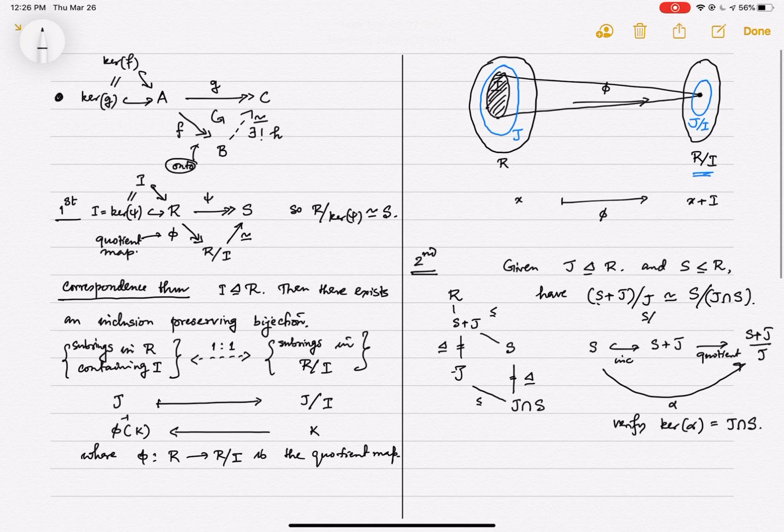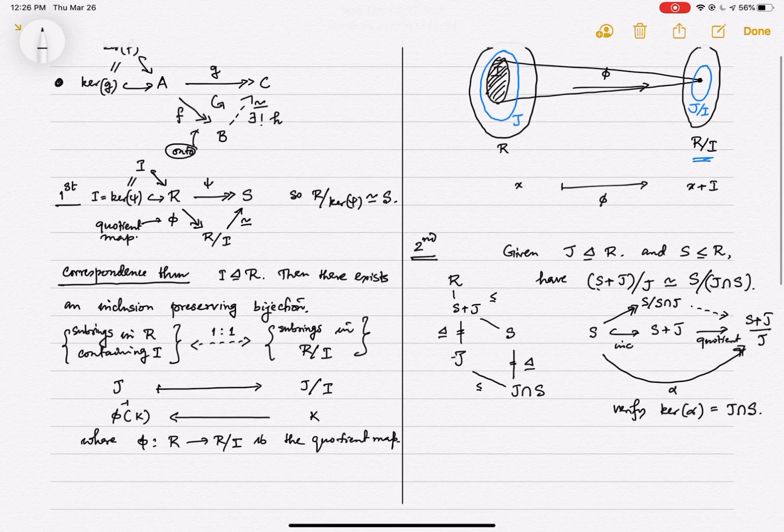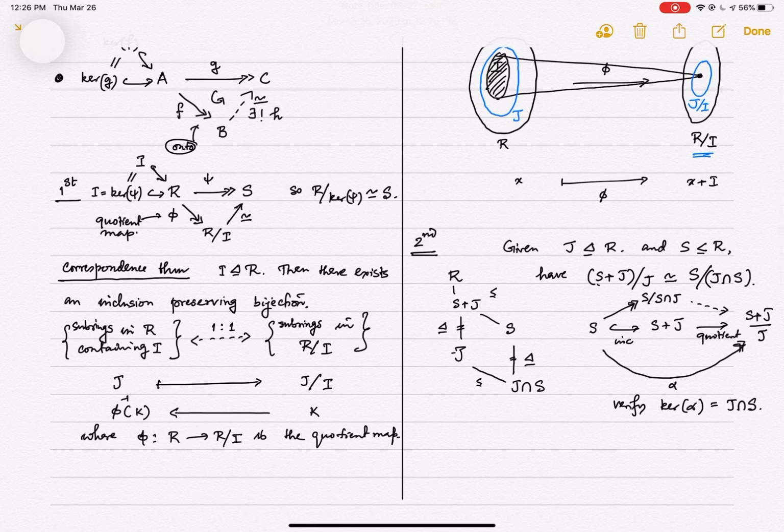So S mod S intersection J, you have the quotient map here, and because the kernel of alpha is equal to the kernel of this quotient map, you get an isomorphism here. Okay, you have to also check that alpha is onto. That's the second isomorphism theorem. That's a very quick sketch, but you can look up the group theory case. It's exactly the same thing.